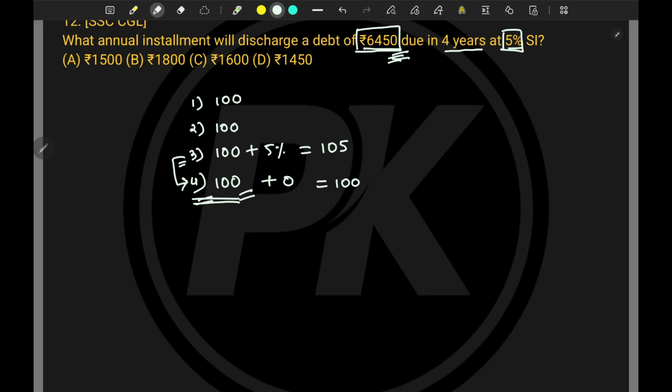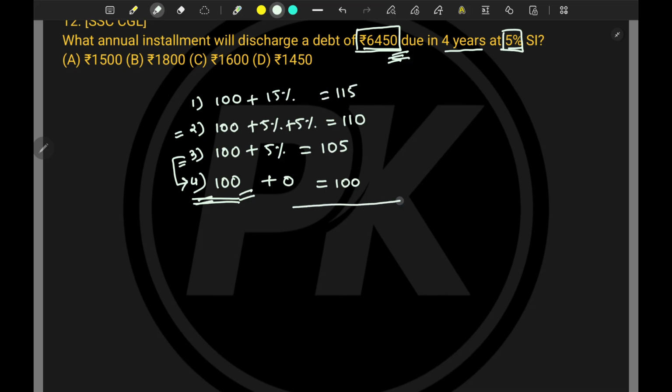For the year 2 payment, because it is paid 2 years before the due date, the earning will be 5% plus 5%, so that amount will become 110. Similarly, here 15%, and that amount will become 115.